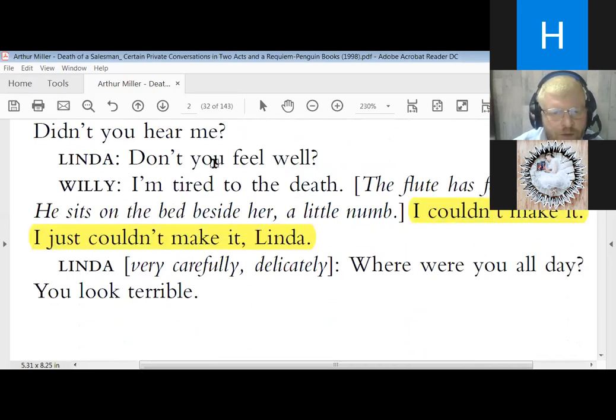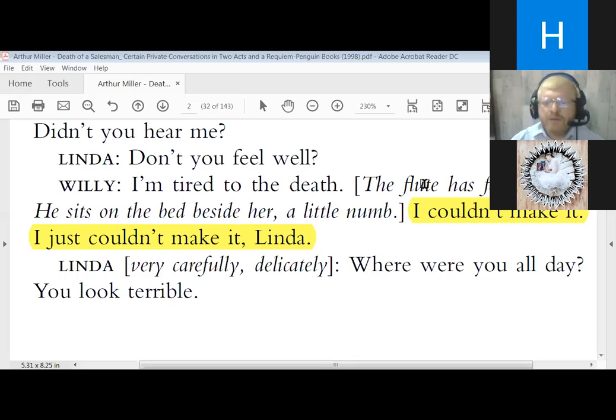No matter how much he denies it, still he confesses that he couldn't make it, and it could mean anything. I couldn't make it might mean that I couldn't sell anything, or I couldn't drive, maybe, or whatever. So he's confessing his limitations.